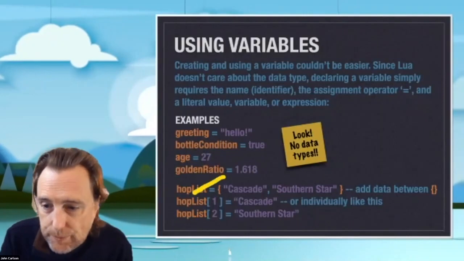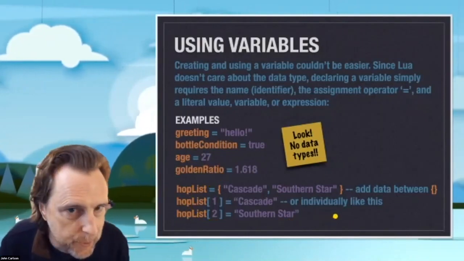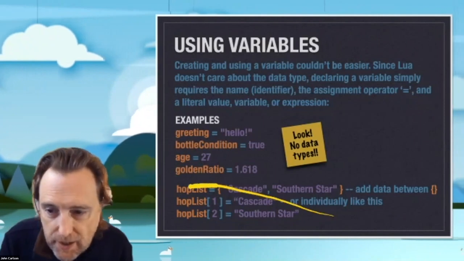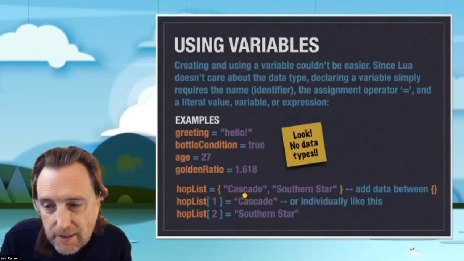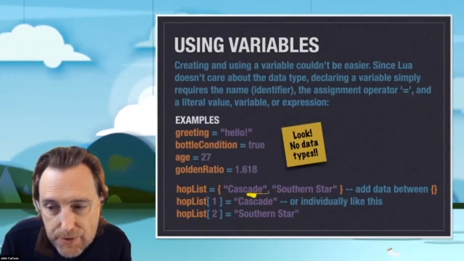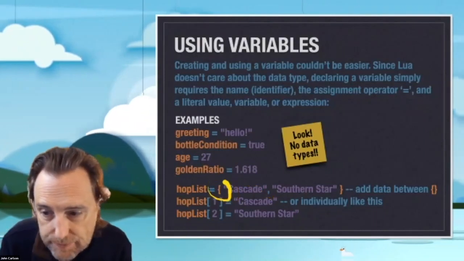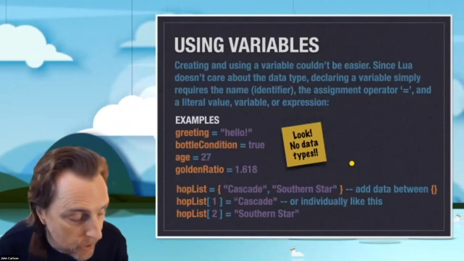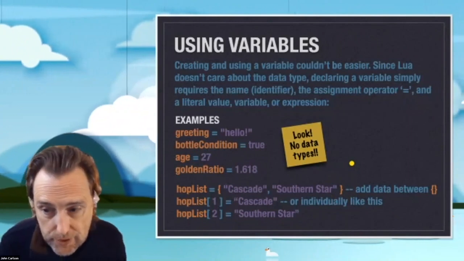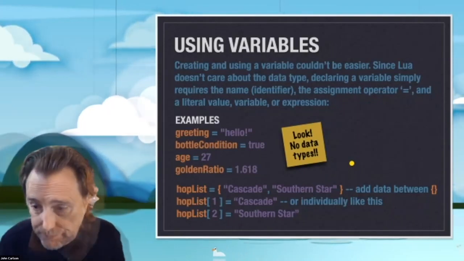And then the table. Here are 2 possible syntaxes with tables. The first is I can create a table and pass it actual data values separated by commas inside of these curly braces. That would create an array called hop list with 2 pieces of text in it, Cascade and Southern Star.